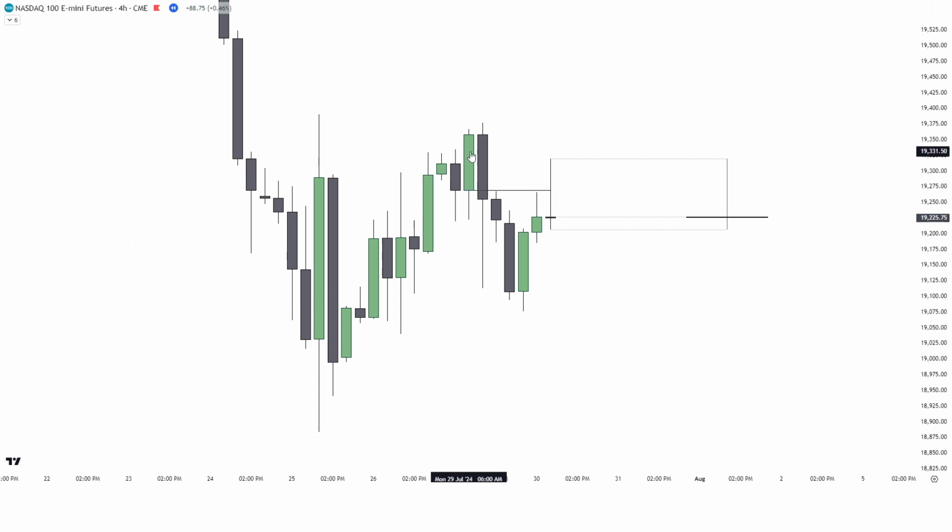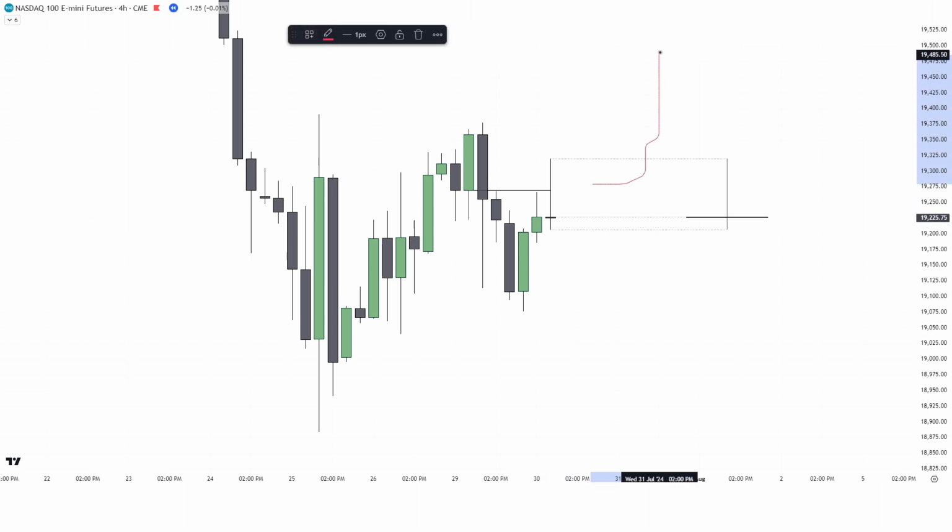Sellers were then met as we tapped into this level of resistance, and then sellers aggressively sold, bringing us back into the opening price. Usually when we have a rejection wick, it's like a slingshot. So it comes up higher, higher, higher, and then once sellers are met, it is aggressively sold, right? So this is a great indication to anticipate an influx of volatility soon to come into the marketplace.